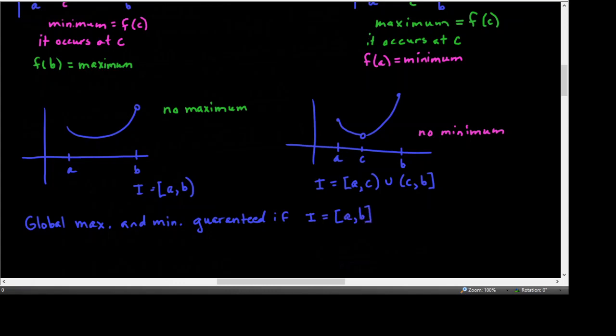In other words, you've got to include both endpoints, not an open interval like that one on the left is open at B. You have to have a closed interval, and you have to have continuity on that interval.